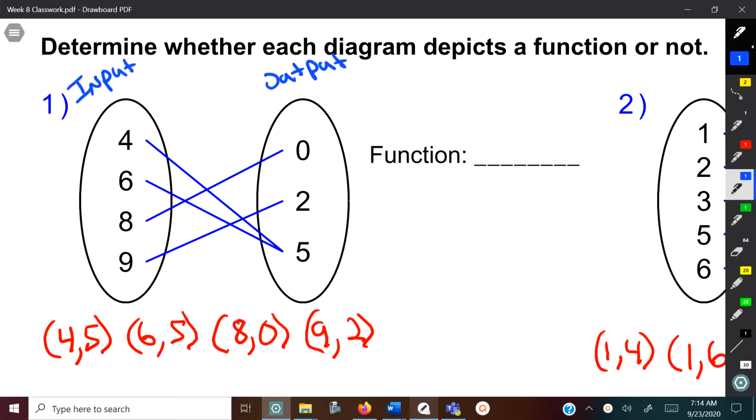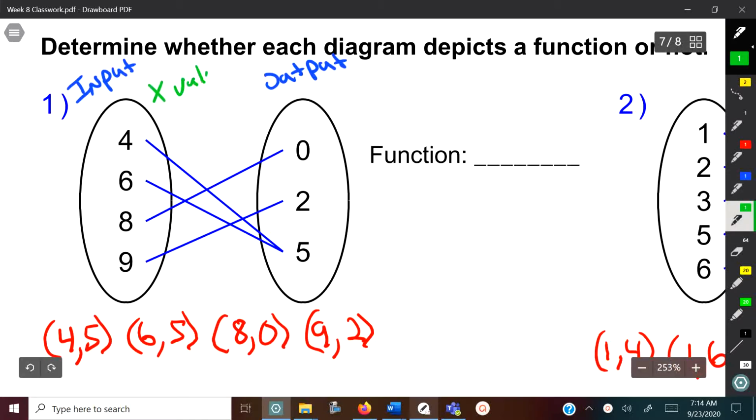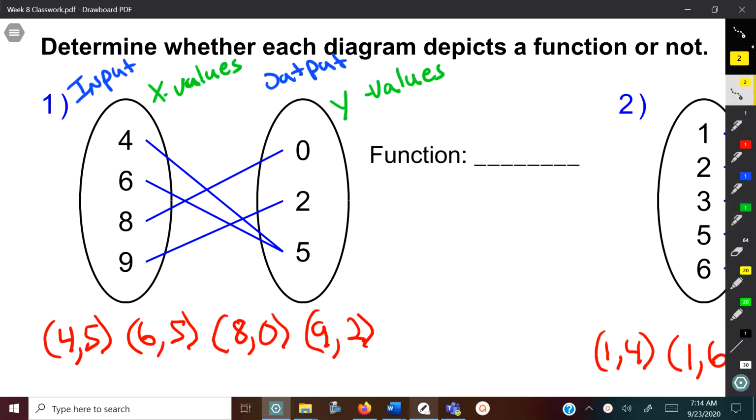You have your input, which is your x values, and you have your output, which is your y values. What mapping does is put all the x values in numerical order and all the y values in numerical order, and it doesn't repeat.